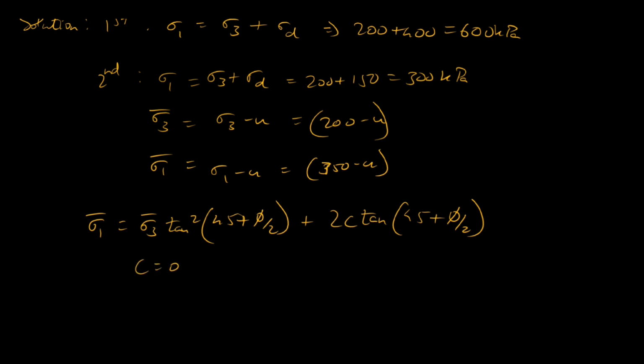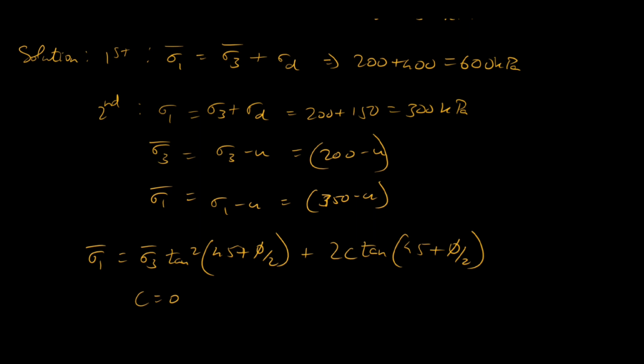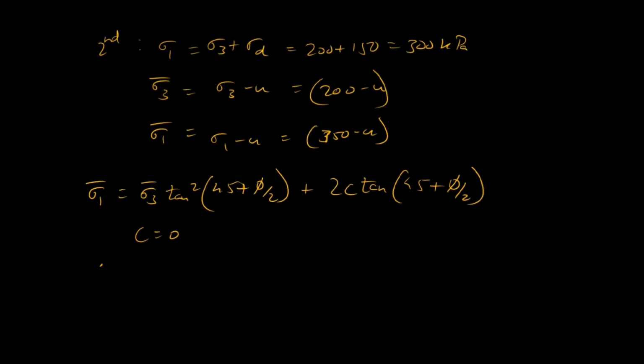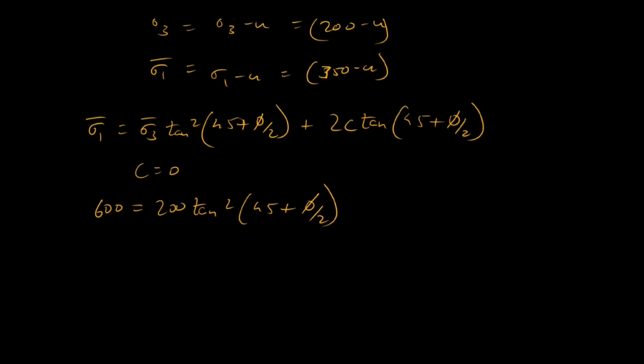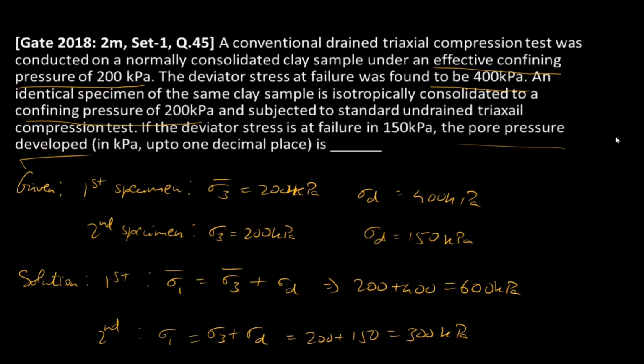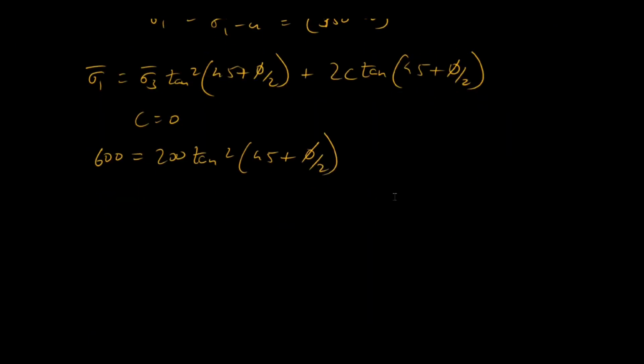If you substitute the values of the first specimen, 600 equals sigma 3, which is 200, times tan square (45 plus phi by 2). For both specimens, C will be equal to 0. By solving this, we get phi as 30 degrees.